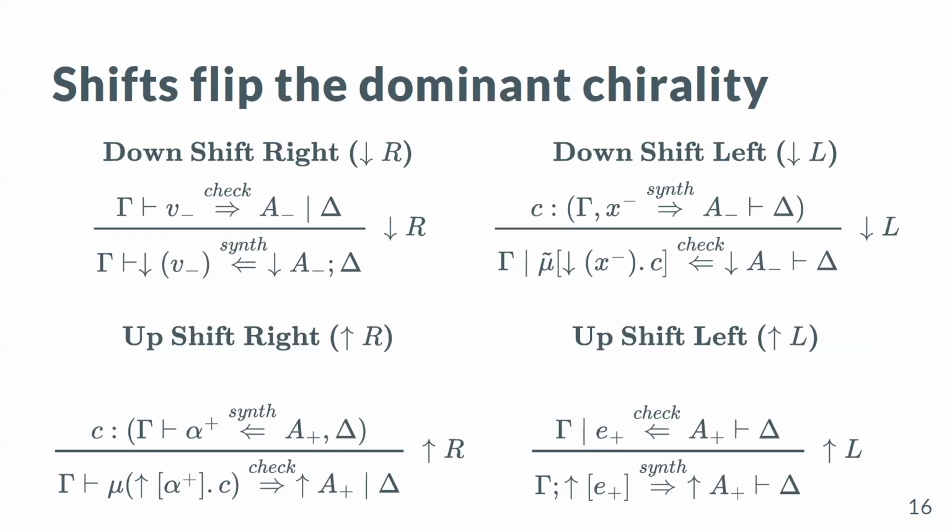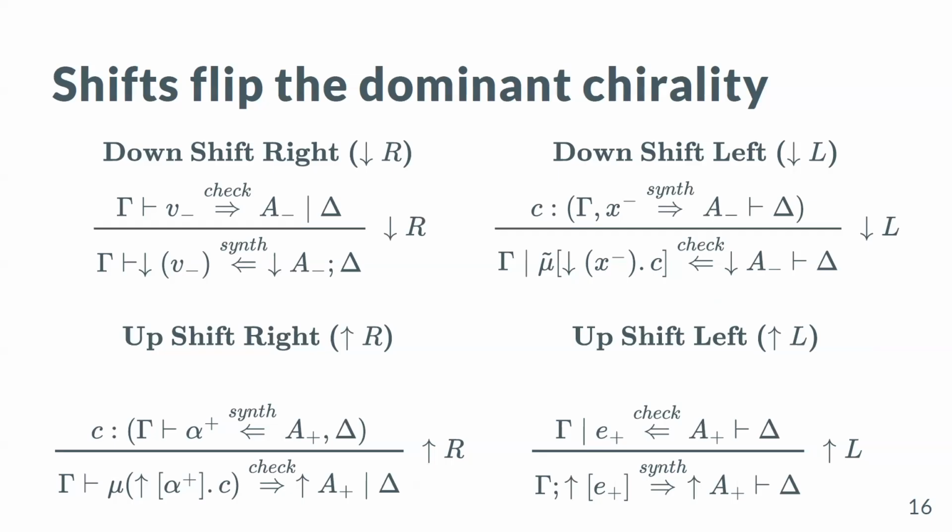And if we do the inverse and we embed a pattern into a value, well, we do have a problem there because a pattern is synthesizable, and now we're trying to check it. So what it means to check it is that we need to add an annotation to it, such that we can check the value we have against the expected type of the co-pattern, and vice versa for the negatives.